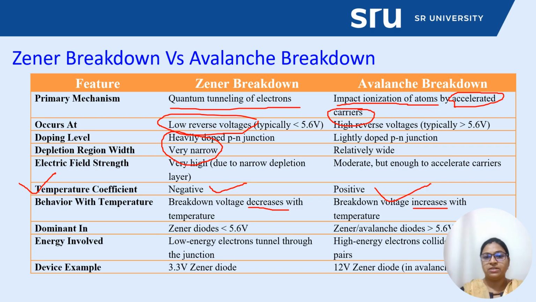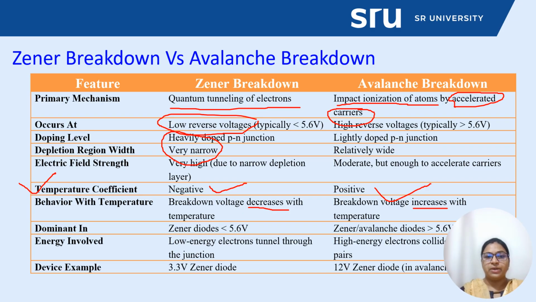Avalanche is the ionization of atoms by accelerated carriers, so obviously high energy electrons collide and create electron-hole pairs. For device type, an example is the 3.3 volt Zener diode, and for avalanche breakdown, the 12 volt Zener diode. These are the example symbols to use.